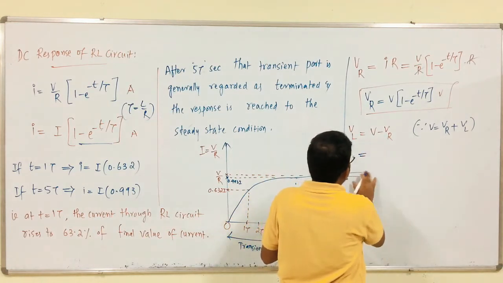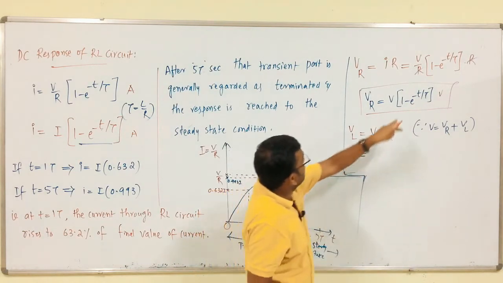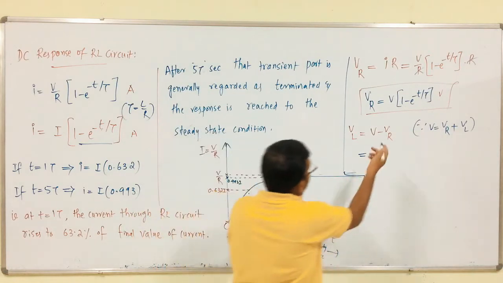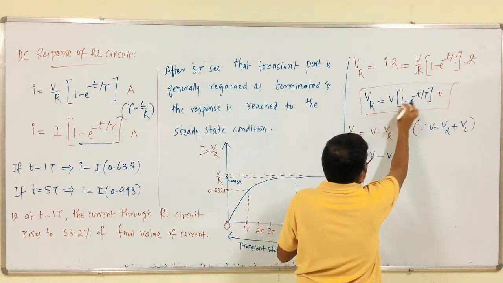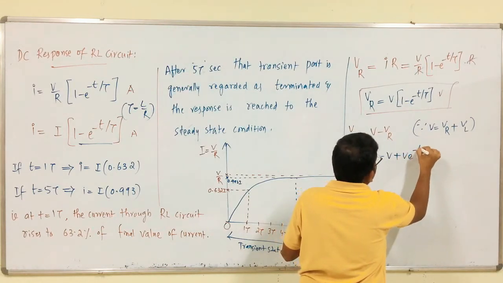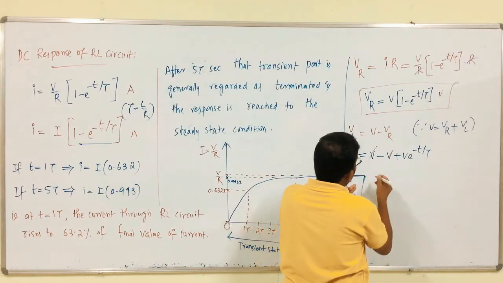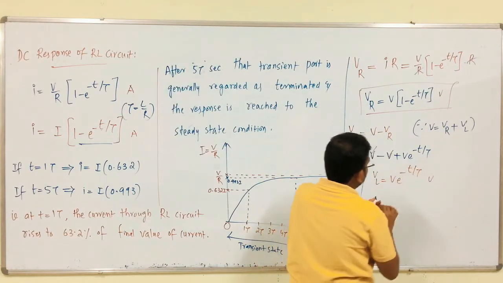Here V is the total voltage, so V minus V plus V into e power minus t by tau. So, this V cancels. Therefore, VL is equal to V into e power minus t by tau volts.